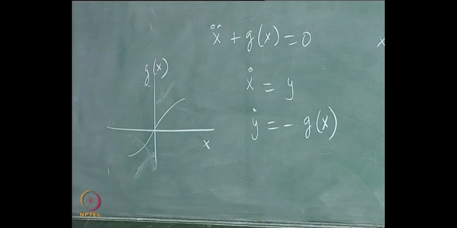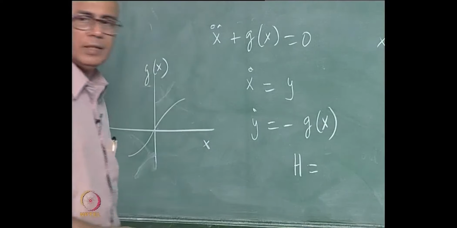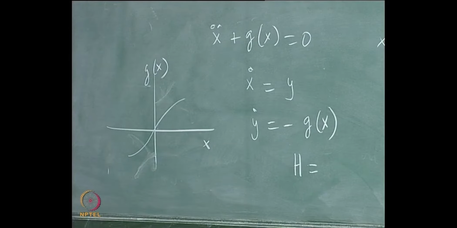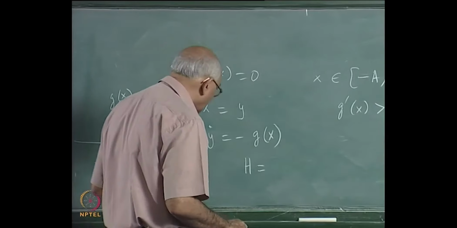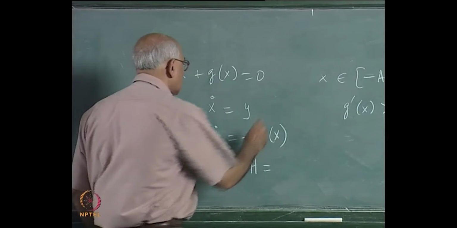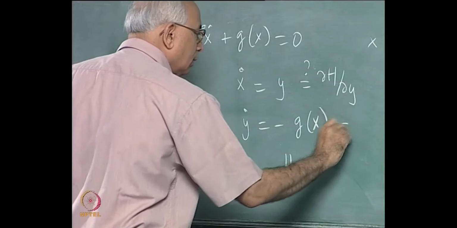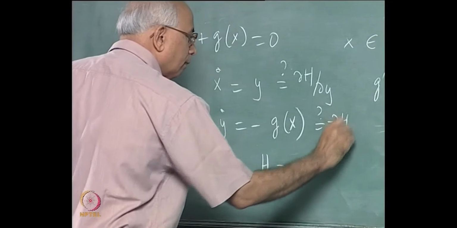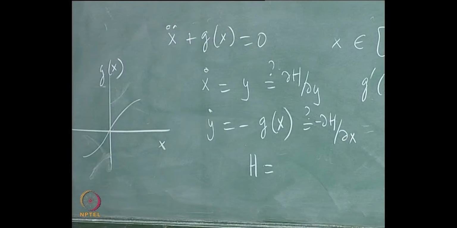Is this a Hamiltonian system? If so, what is H equal to? Yes. What is the Hamiltonian in this case? If I write this for instance as delta H over delta y, what is the Hamiltonian equal to in this case?